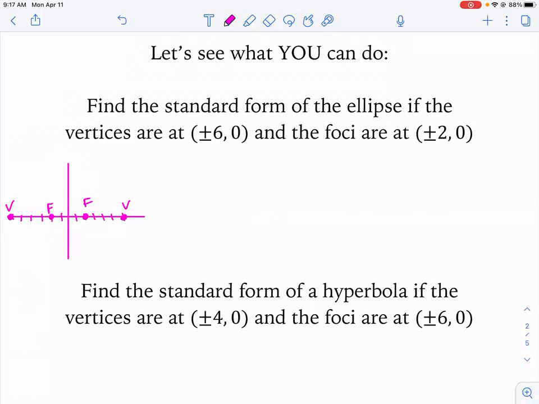But what do you know? You know what the center is? Do you know A? A is how far the vertices are from the center. C is how far away the foci are from the center. Your B is with those two. Okay, you just drew it.